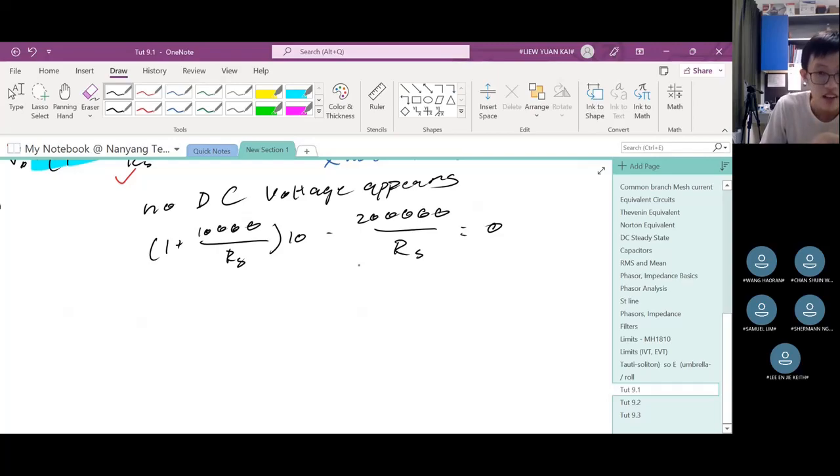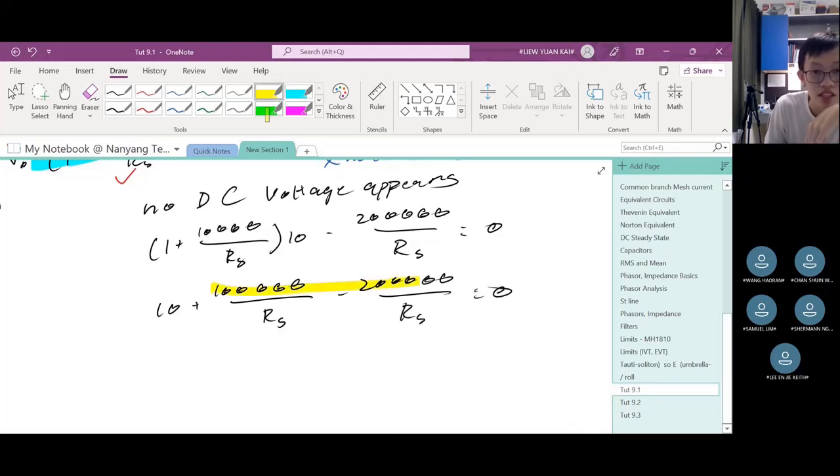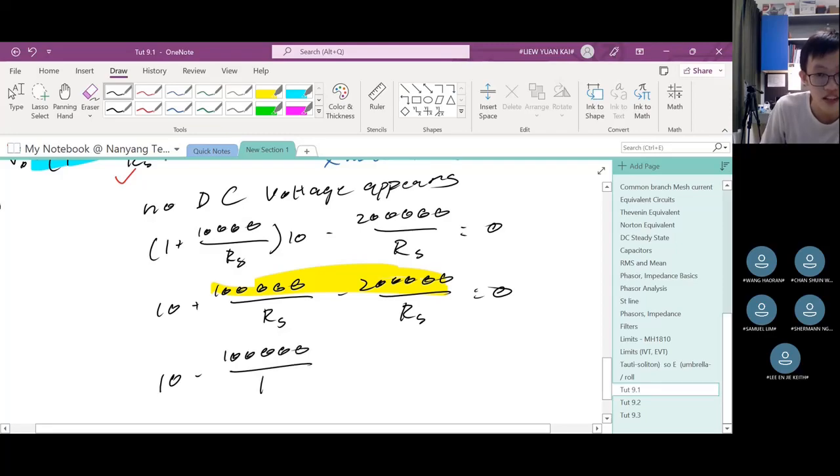So let us just do that. When you expand this, you should get, okay, just multiply. So 10 plus 100,000 over RS, I expand, minus 200,000 over RS equals 0. So this thing added together, 100,000 minus 200,000 will give me negative 100,000 over RS equals 0.